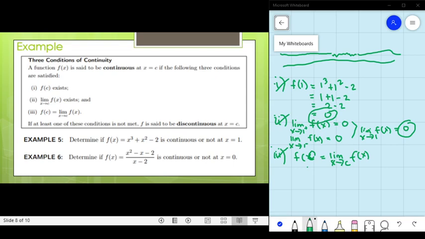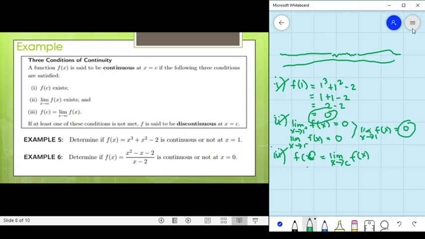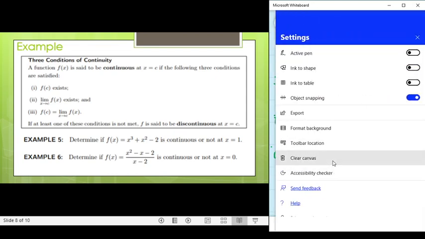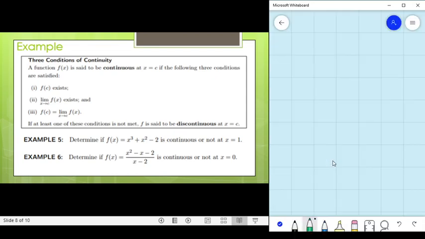Okay. What about example number 6? We have to determine if f of x equals x squared minus x minus 2 all over x minus 2 is continuous or not at x equals 0. Okay, checking the three conditions.